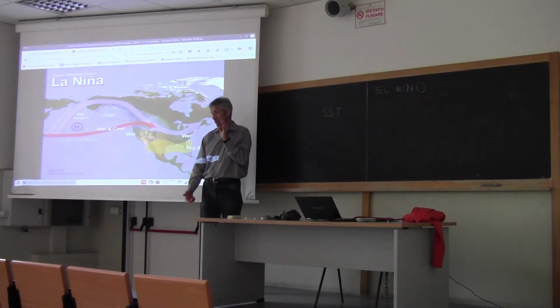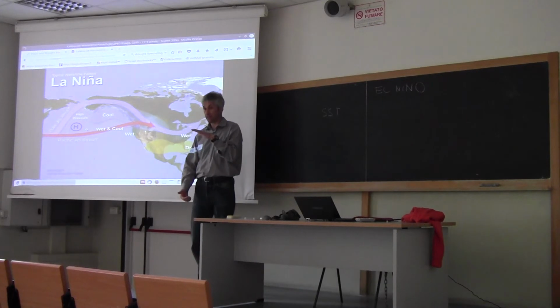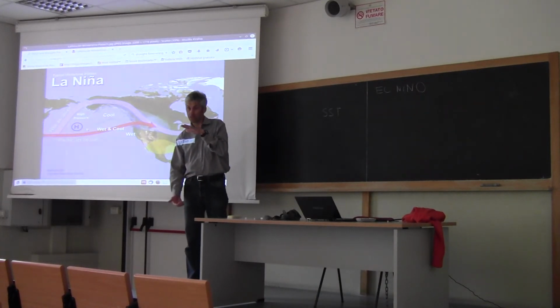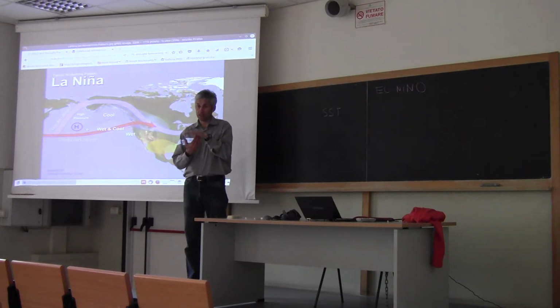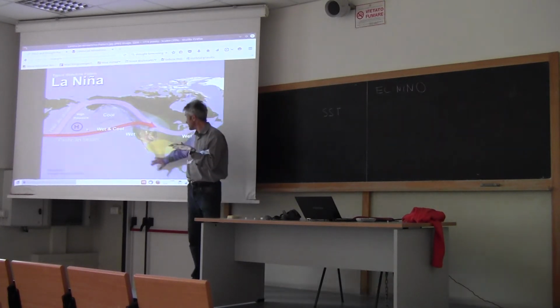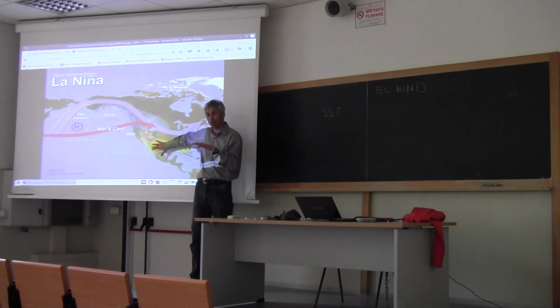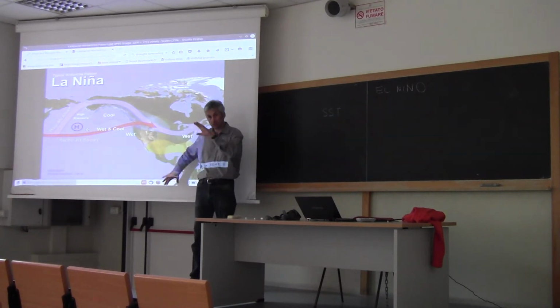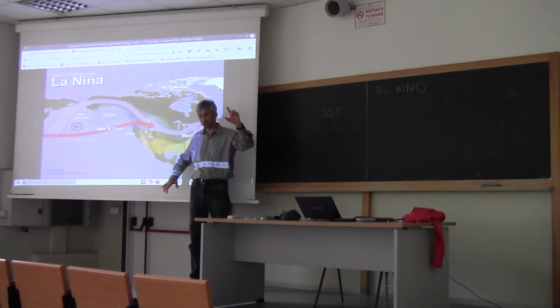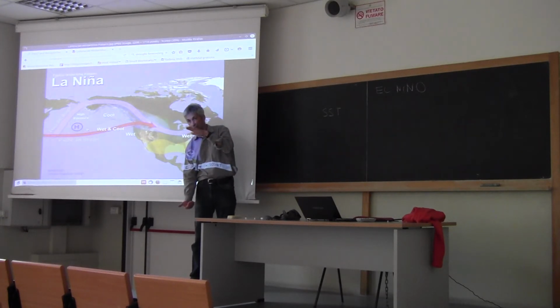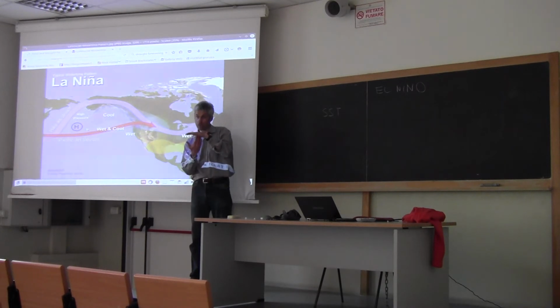Normally, during, let's say, the autumn and winter seasons, you have some upwelling of deep water from the ocean to the surface. And the upwelling is favored by the fact that during winter you get cold water in the surface part of the ocean, so the deep water can upwell from the bottom to the surface.